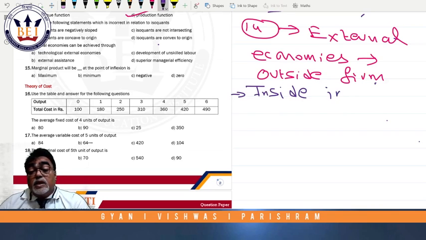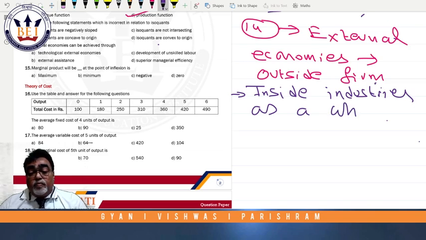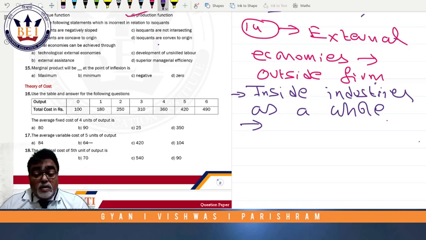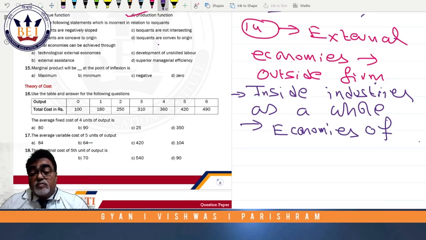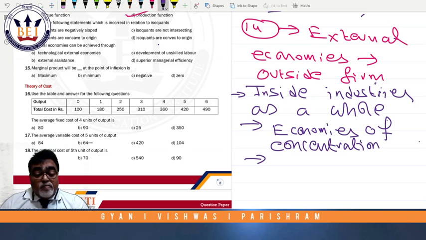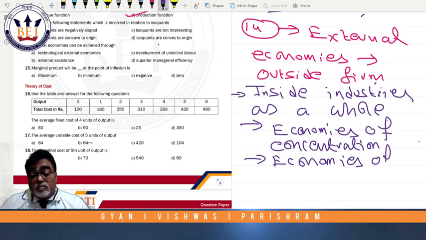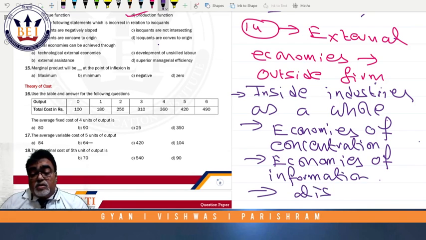Inside industries as a whole. A simple example you can take: lucrative market, external economies. Economies of concentration, economies of information, economies of disintegration.